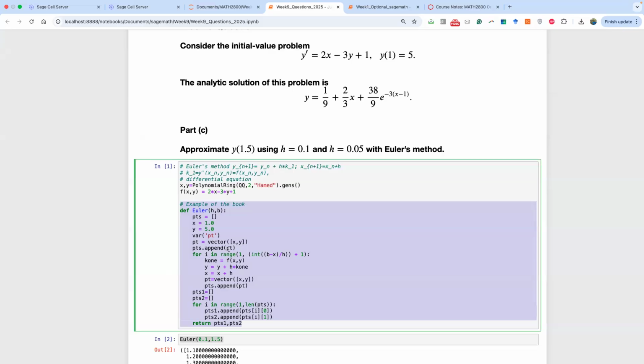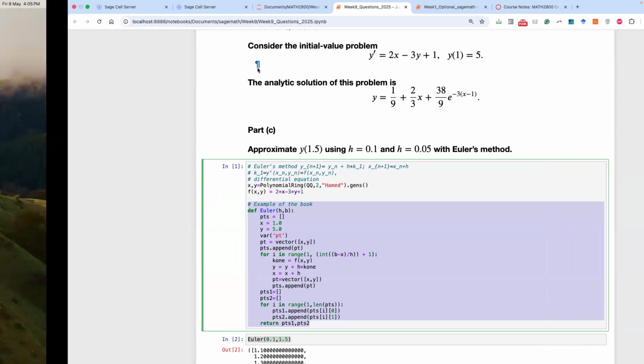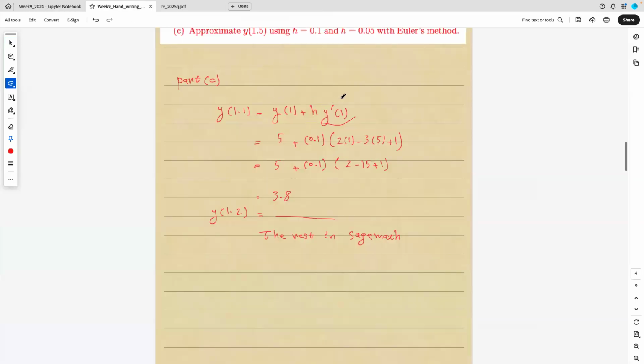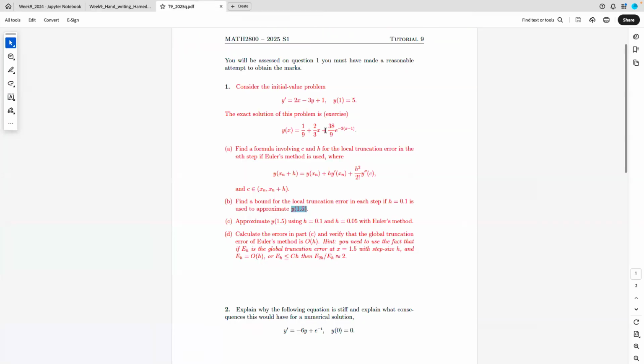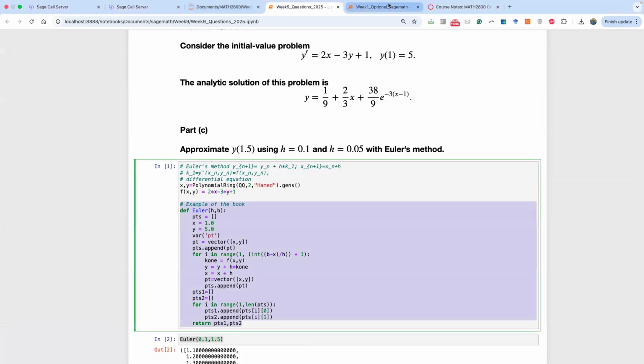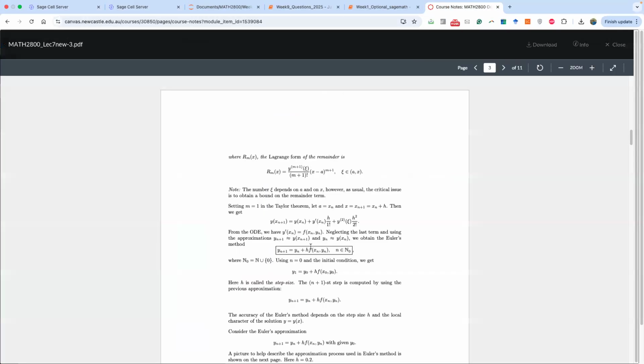So K1 is the f of x, y. K1 is like this guy here. Or I can show it here, in the course note. K1 is this one.